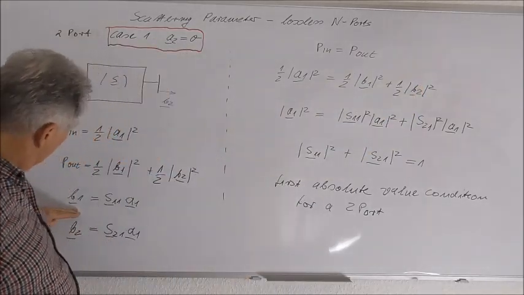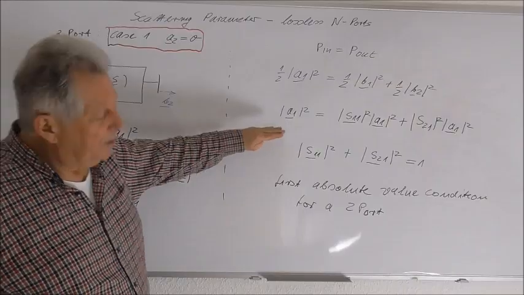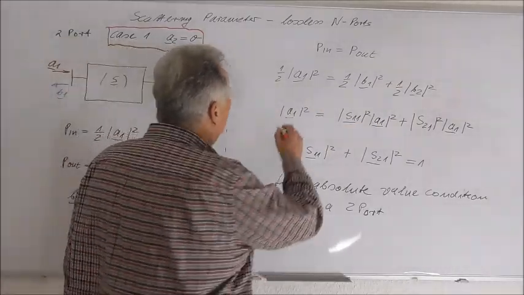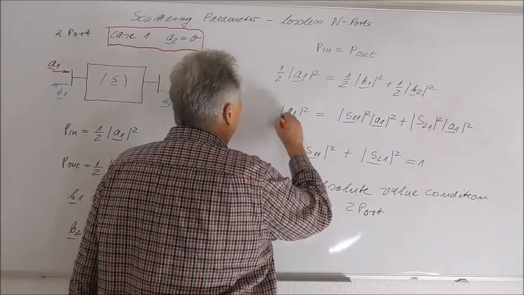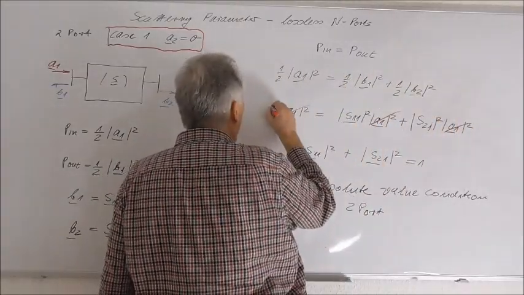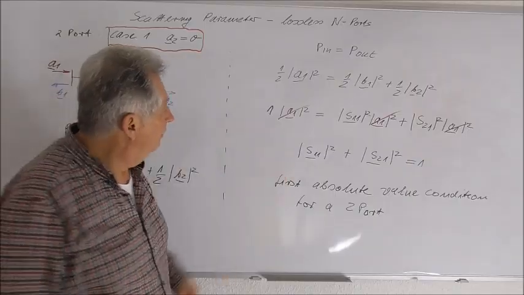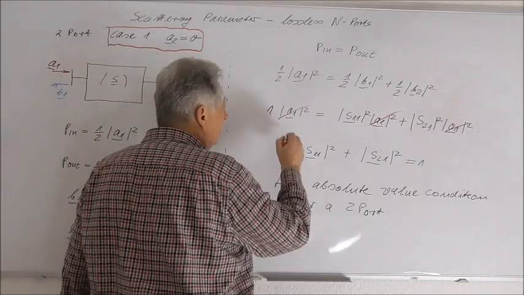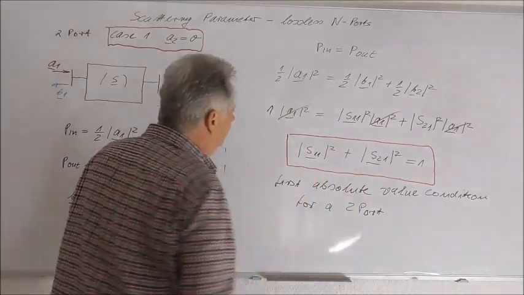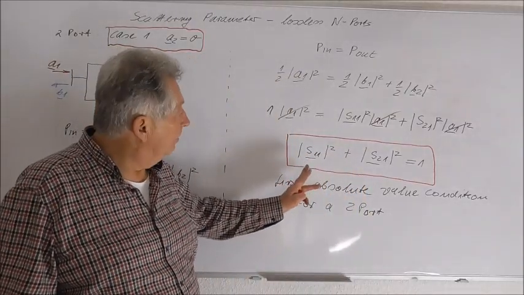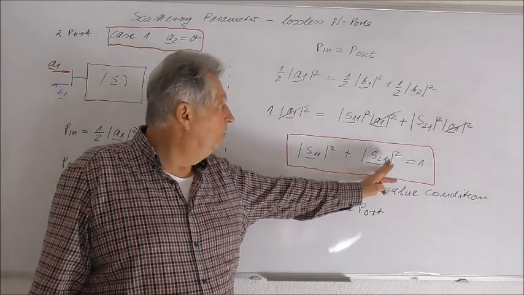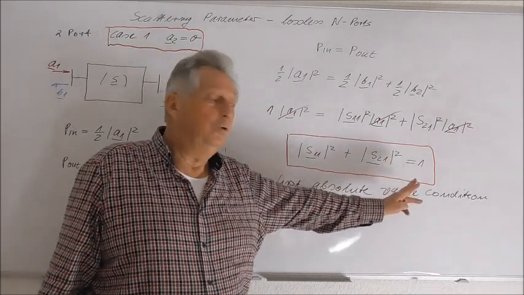If we insert these two equations, we end up in this expression here, and of course here we can cancel A1, and we end up in the condition that for a lossless two-port, the absolute value square of S11 plus the absolute value square of S21 must be equal to 1.